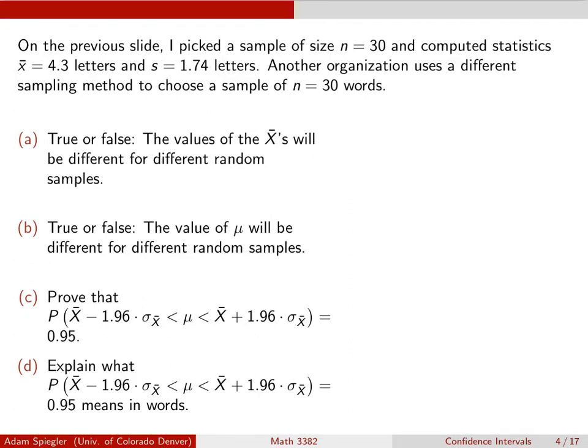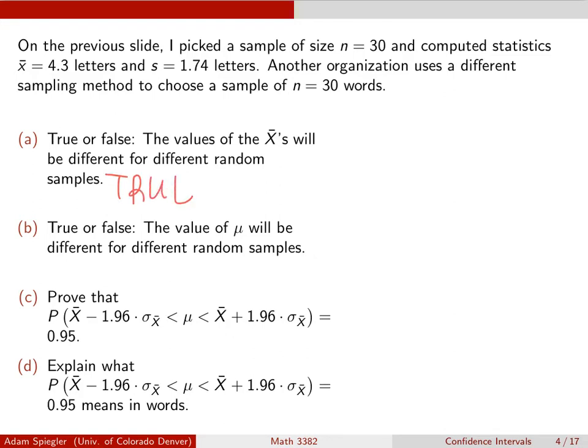And let's say some other organization, which is using their own estimate for this same population parameter, collects their own sample of 30 words. So question A is saying true or false, the value for the X bars are going to be different for different random samples. In general, this is certainly a true statement.